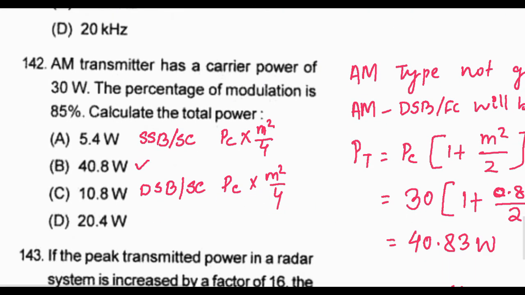Next one is: an AM transmitter has a carrier power of 30 watt. The percentage of modulation is 85%. Calculate the total power. Different types of AM are present.